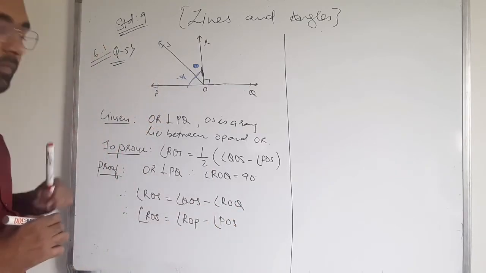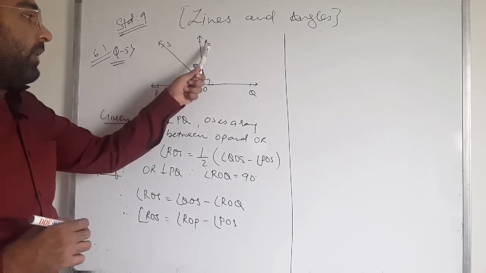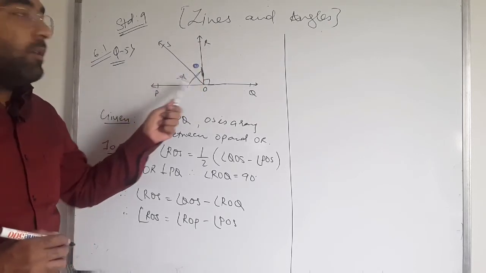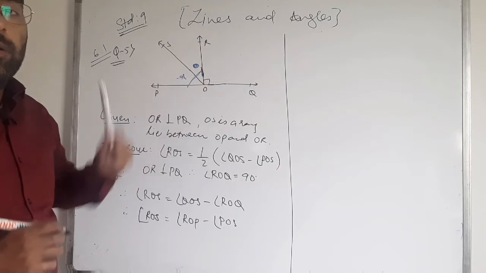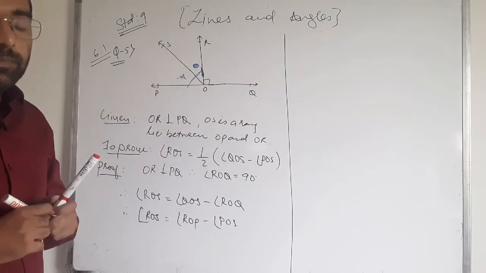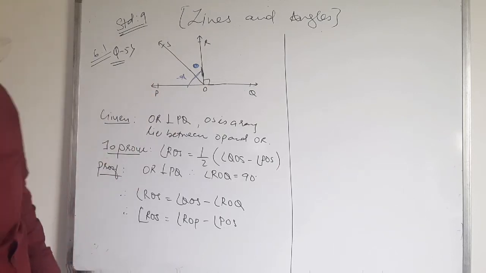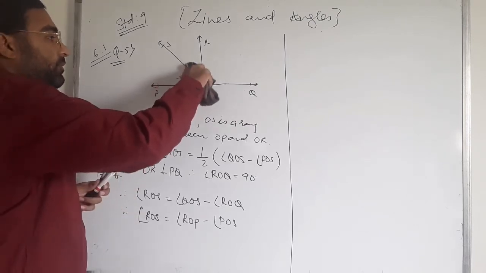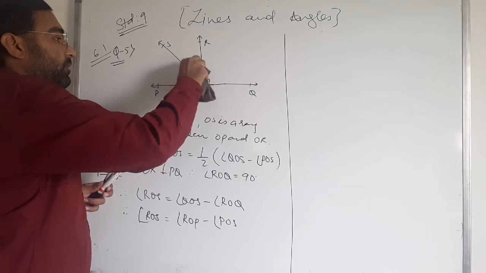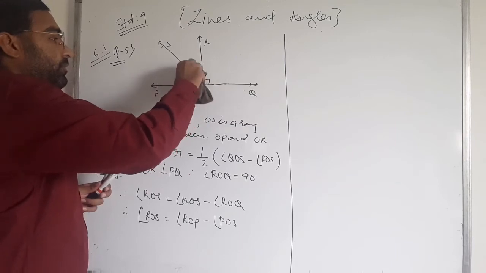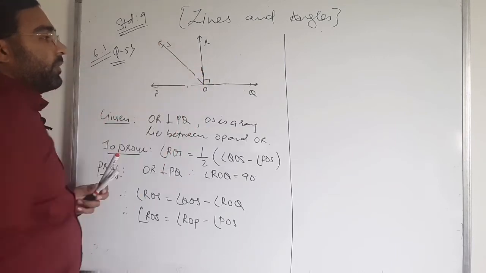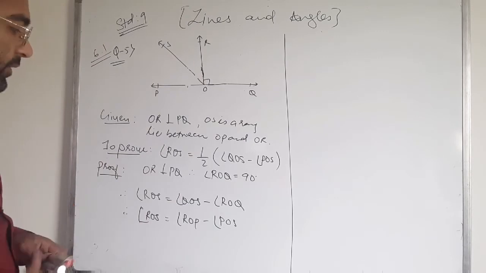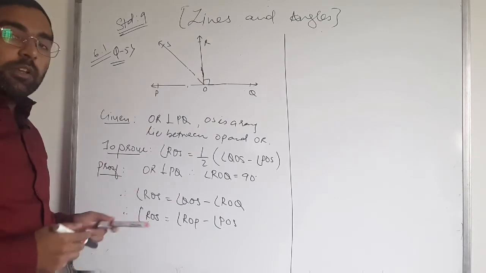From ROP we subtract POS, so we get ROS. Clear? Now we have to calculate these two statements.